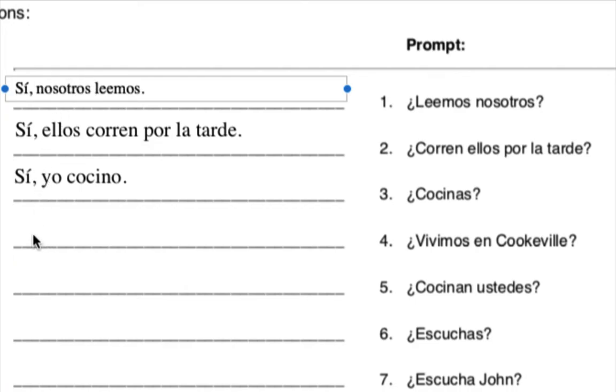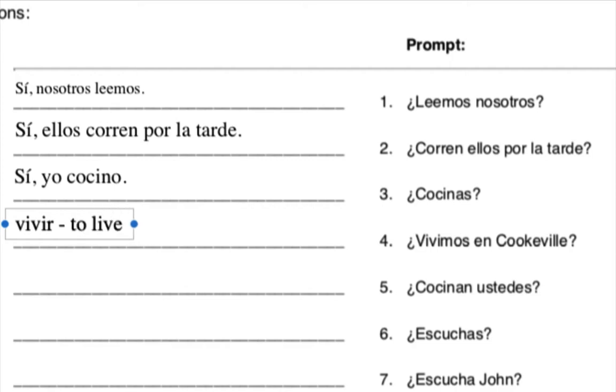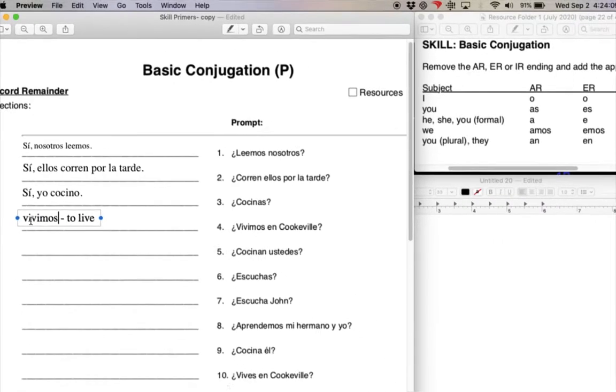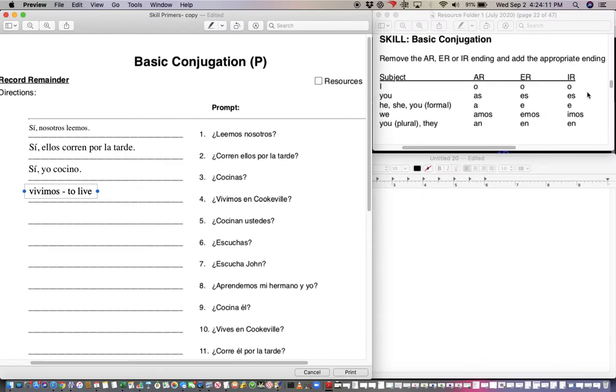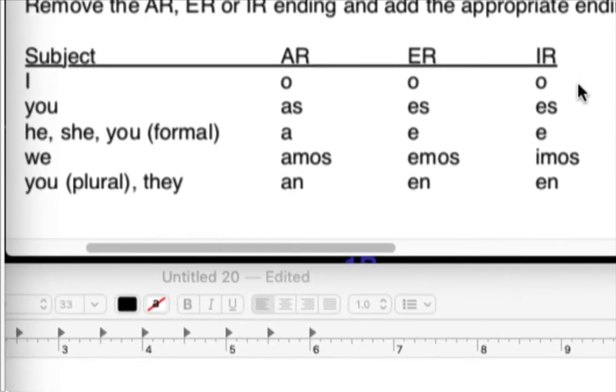Okay. Number 4, it's asking, do we live in Cookeville? Vivir means to live. They took off the IR and they added imos for we live. IR verb, there's the imos.